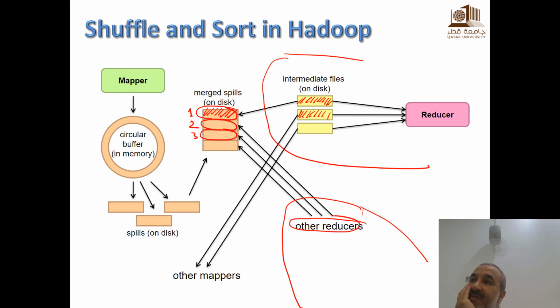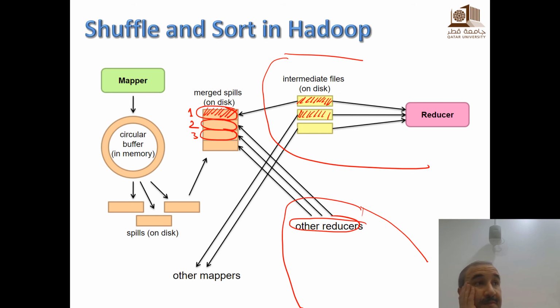What is the difference? There is a difference, because then it's process to process, right? I think the reducer pulls the data, so it's informed where the data is and it pulls the data. Or it tells the mapper, fetch me the data. I think the reducer pulls the data from all the mappers.